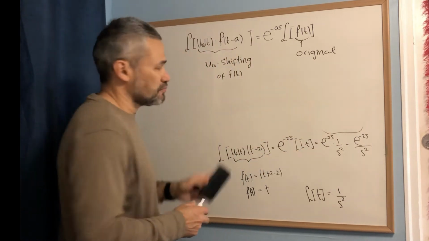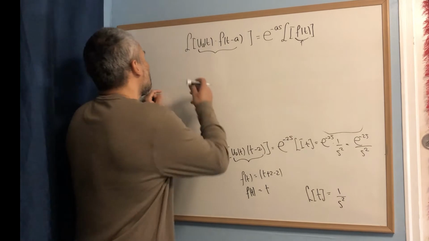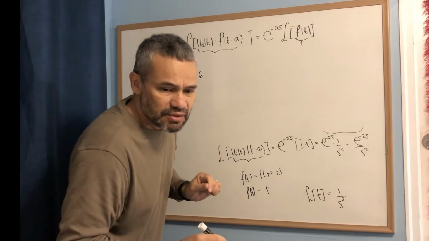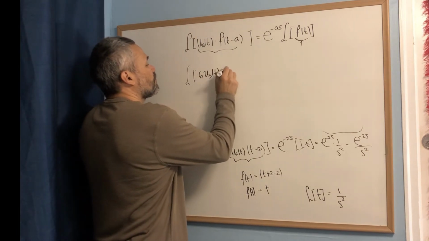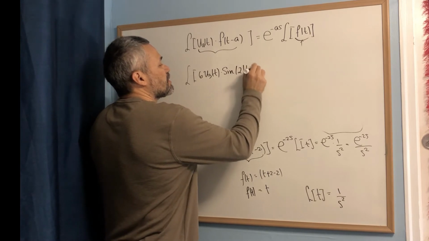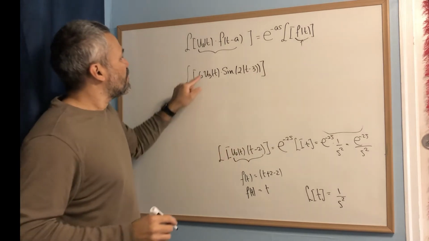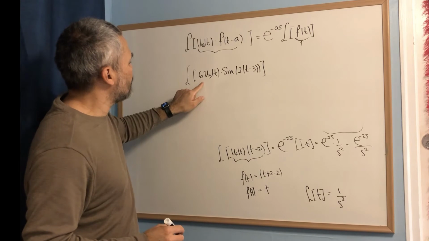Let's do another example. This time let's work the Laplace transform of 6 times u3 of t sine of 2 times t minus 3. To apply this formula from left to right, we need to find the original.